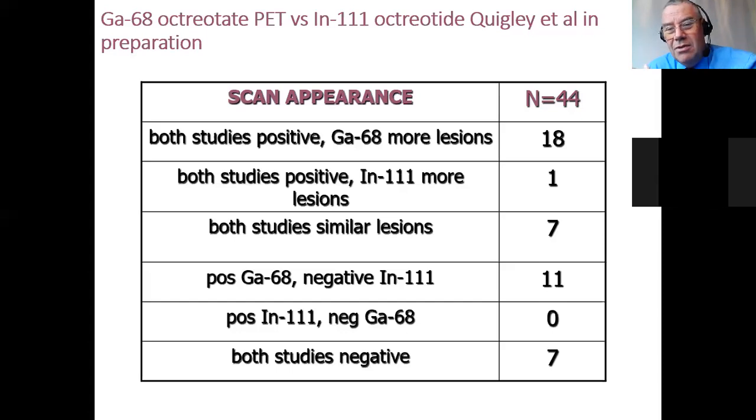Both were very similar in 7 patients. But there were 11 patients out of 44 in which the indium was completely negative, but the gallium-68 was positive, and there were no patients where the indium was positive and gallium was negative. And they still found 7 patients they knew had metastatic neuroendocrine tumor because of blood markers, which were negative with both.